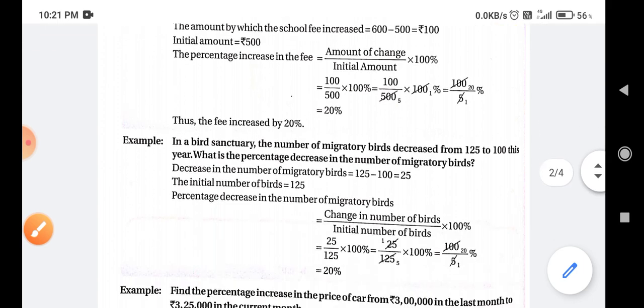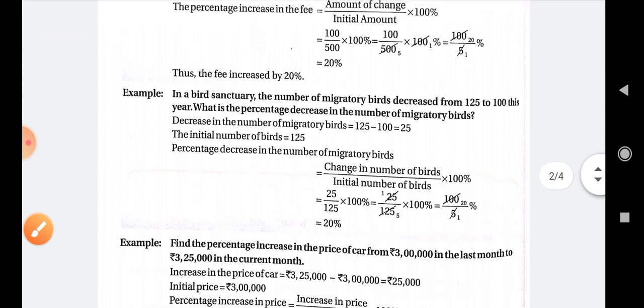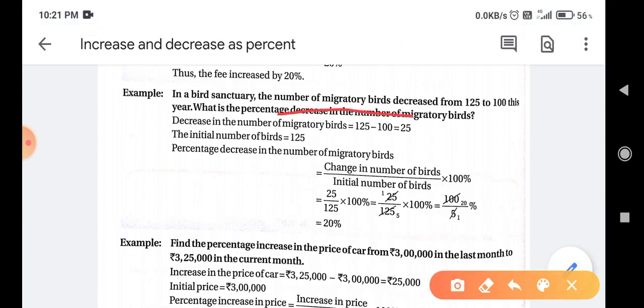Next is, in a bird sanctuary, the number of migratory birds decreased from 125 to 100 this year. The initial number of birds was 125 and the change is 125 minus 100, which is 25.